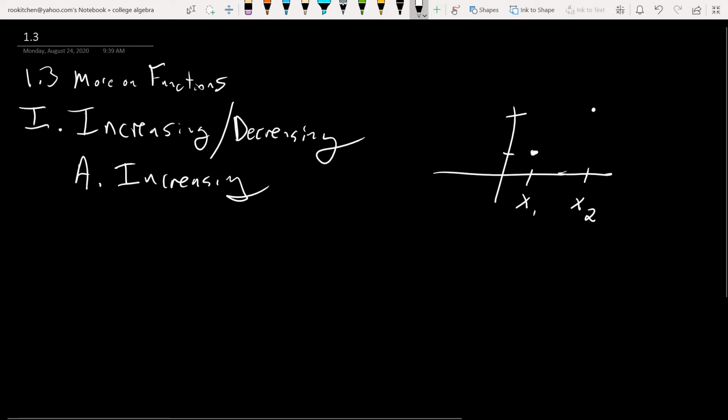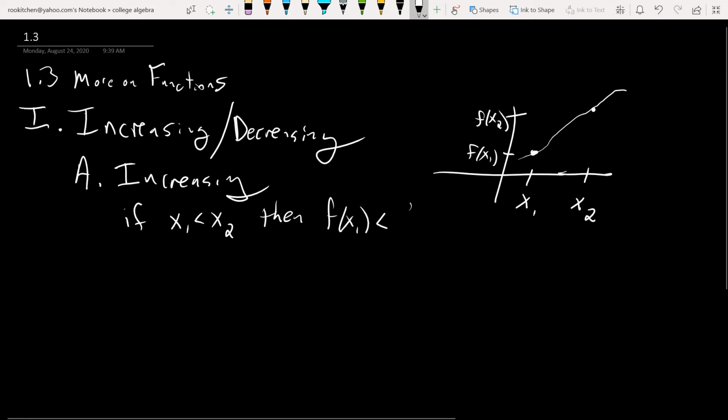So maybe we have some sort of curve going like that, or a function going like that. And this is f of x1 and f of x2. So what's the relationship between f of x1 and f of x2, given that x1 is less than x2? So if x1 is less than x2 and it's increasing, then it must be the case that f of x1 will be less than f of x2.